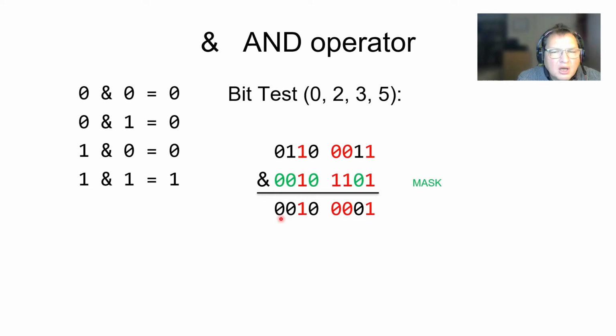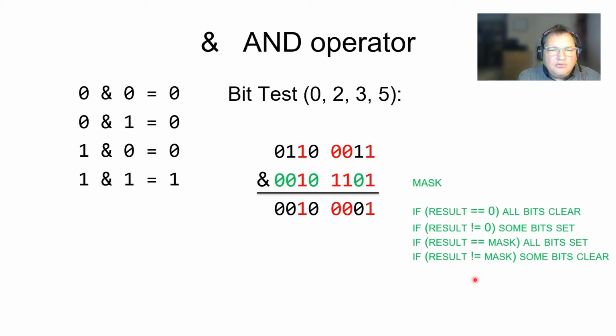Now the question is how exactly we should interpret this result, this number, particularly in the situation that we have several bits that we are testing. So, if the result would be equal to 0, this must mean that all bits in the tested number are clear, or are equal to 0.